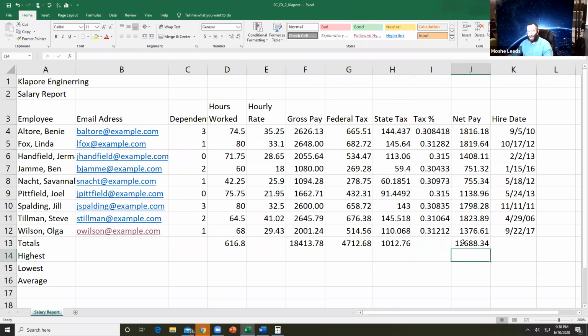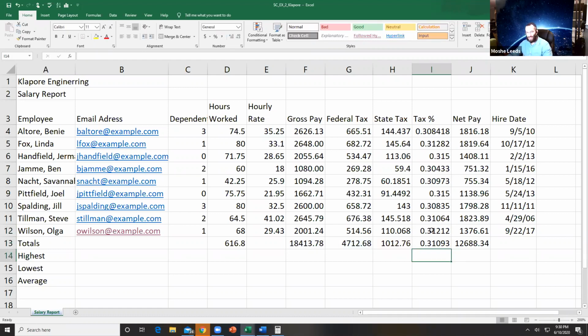But if you had an autofill on your net pay, then you would have had that automatically. But now I do want to figure out the tax percentage, and by the way, if it autofilled, great. Otherwise, just drag it down.